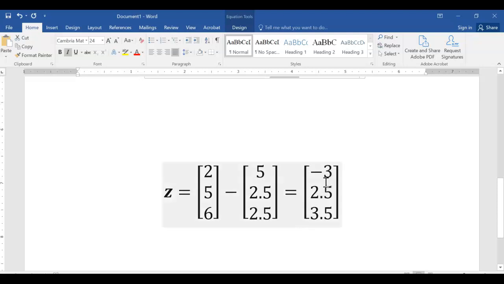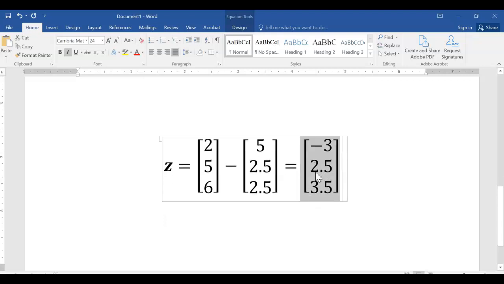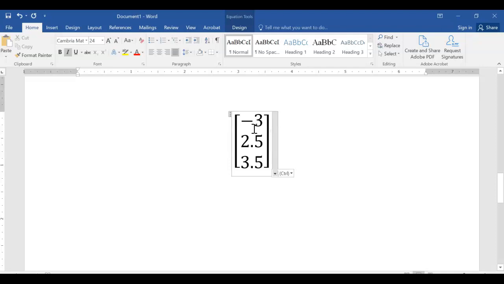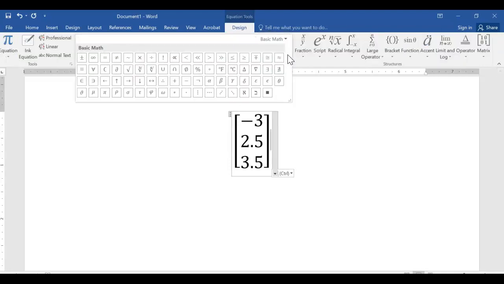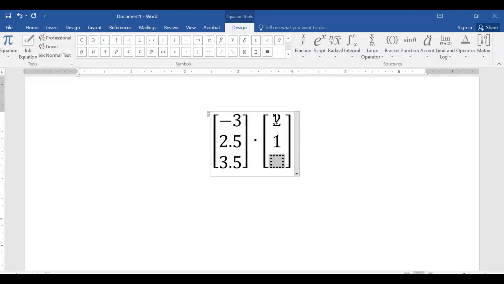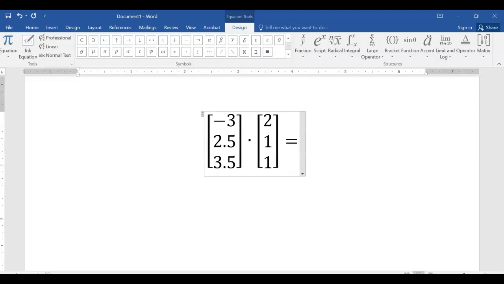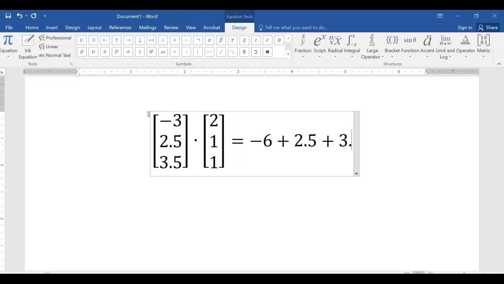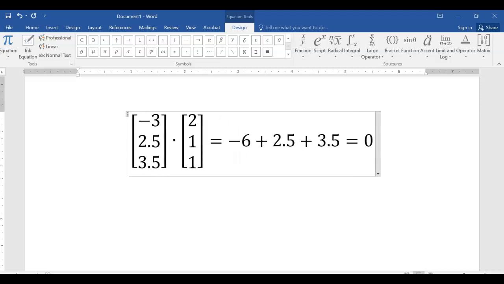If you want to check yourself that you've done it right, you just take the orthogonal component, inner product with (2, 1, 1), and you get negative 6 plus 2.5 plus 3.5, which is in fact 0.